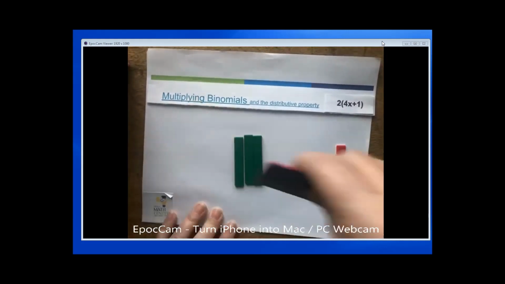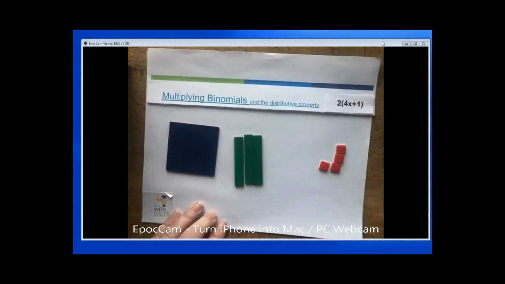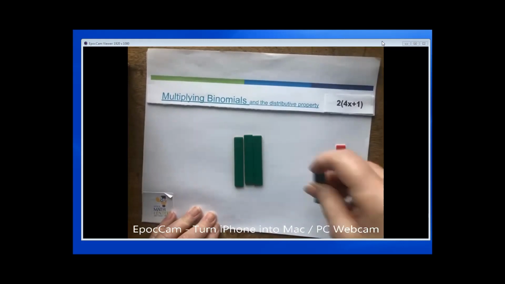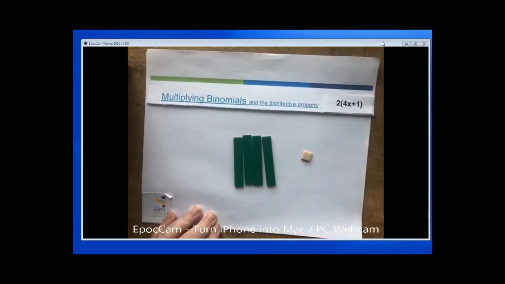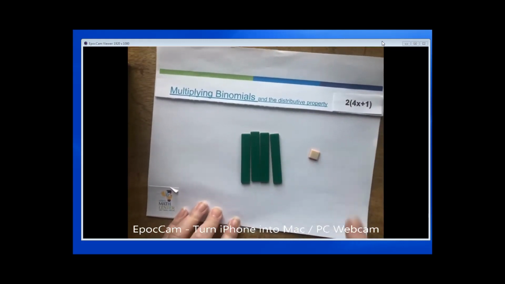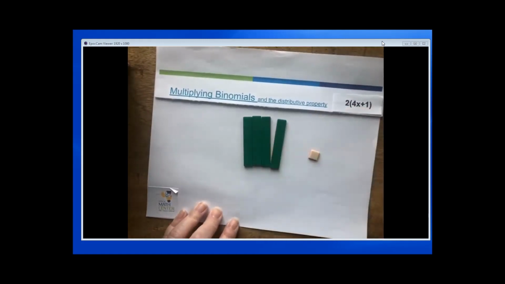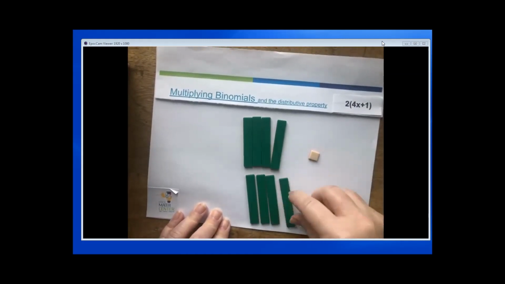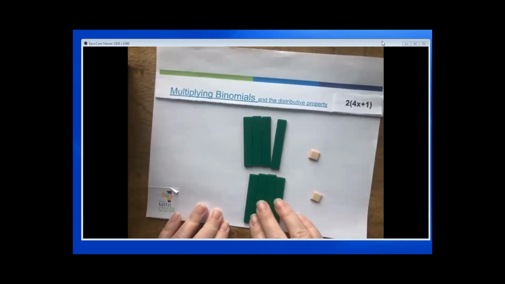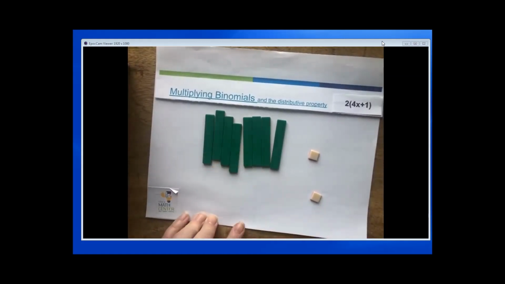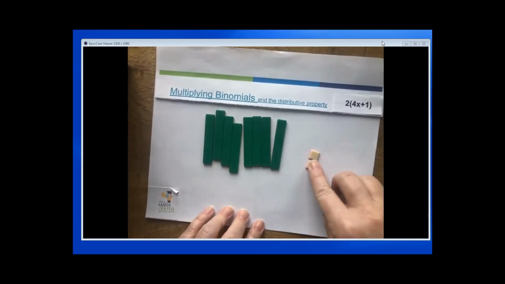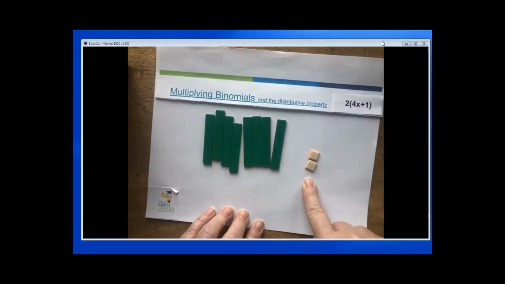So I could build 4x plus 1. And this is telling me that I need 2 groups of that. So I'm just going to build it again. And I'm going to combine my like terms. So 2 groups of 4x plus 1 is 8x plus 2.